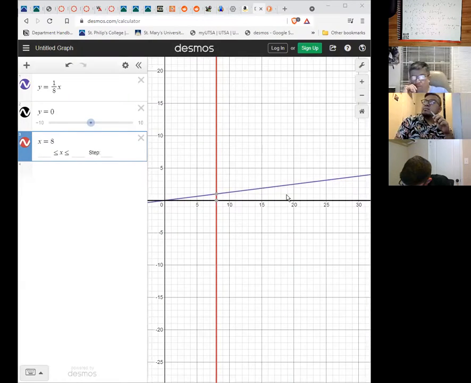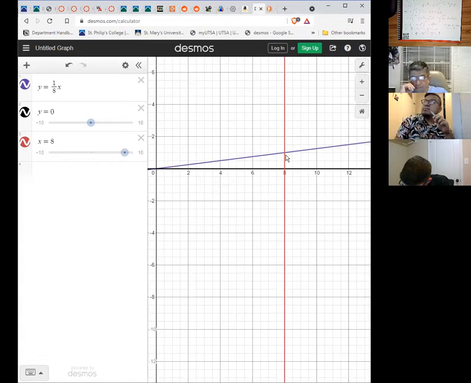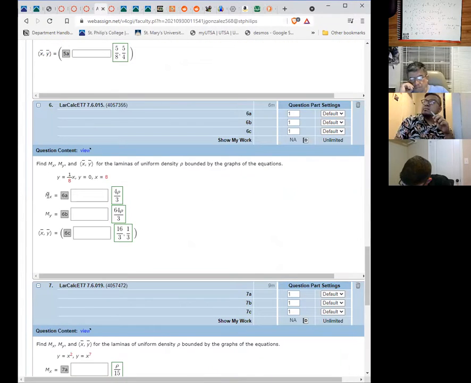So this is the other one. This is like a perfect triangle, so this one will be a lot easier. You integrate from 0 to 8, and you'll find the center of this triangle. So you'll find the total mass, and then divide that into the moment of x and moment of y. First you do this integral, then you do this one, and you divide each one by little m.